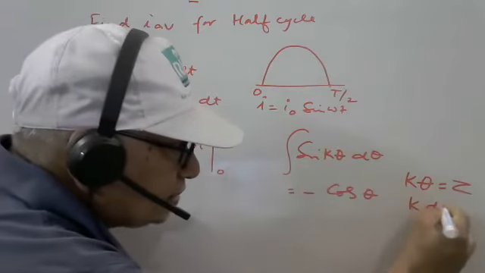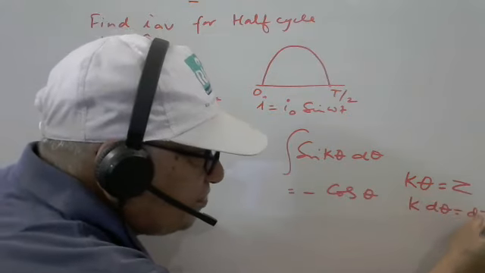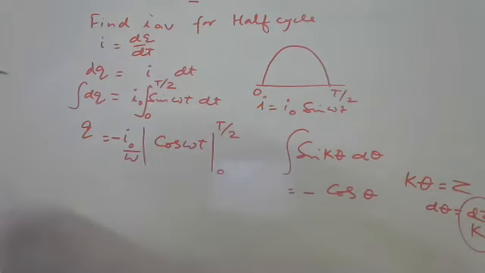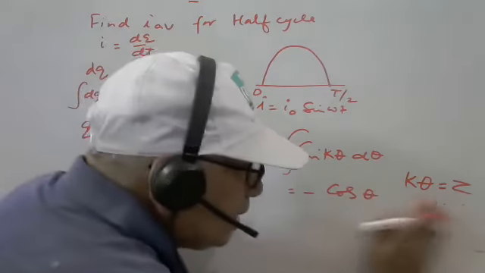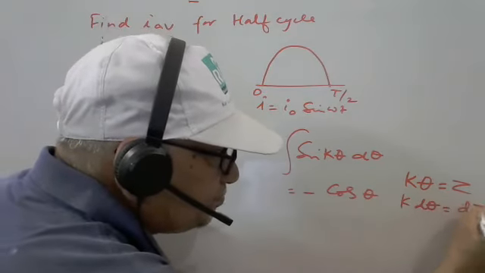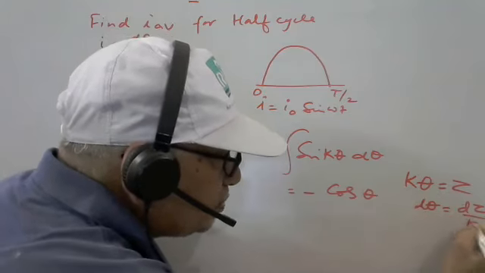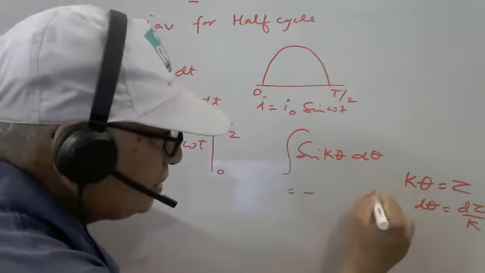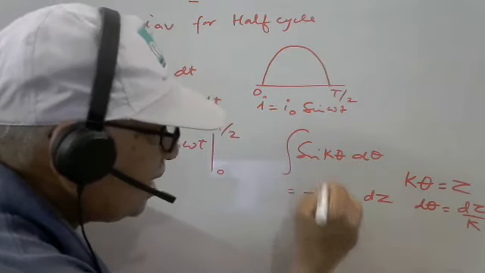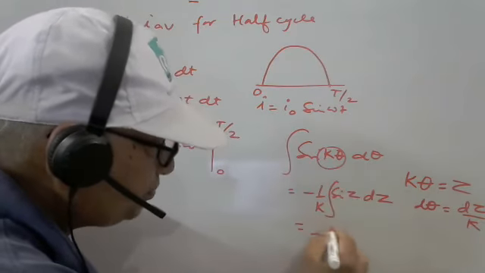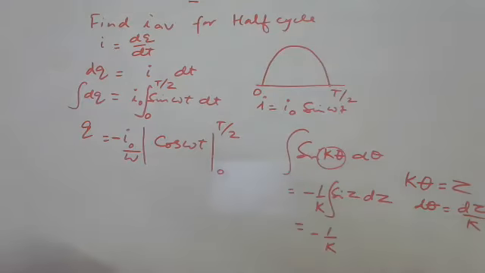Then k d theta equals dz, so d theta can be replaced by dz by k. And k theta is z, so we integrate sin z. It is called the substitution method.